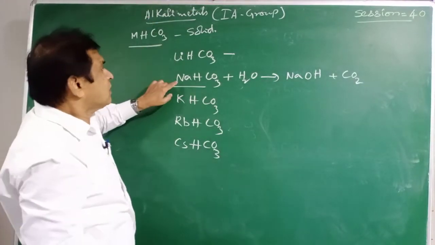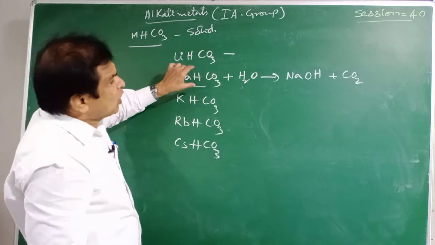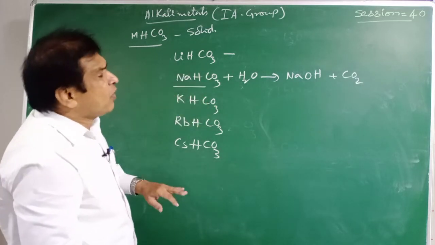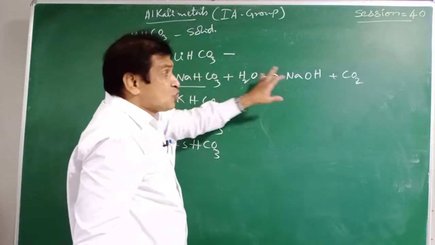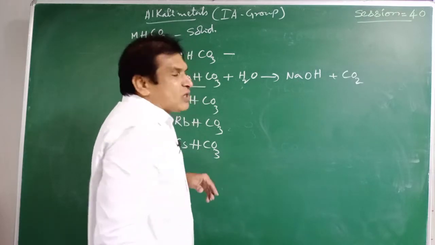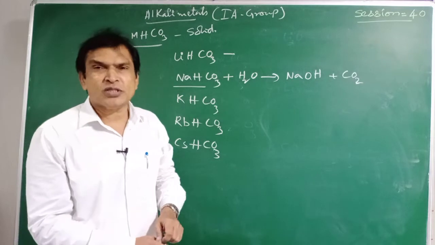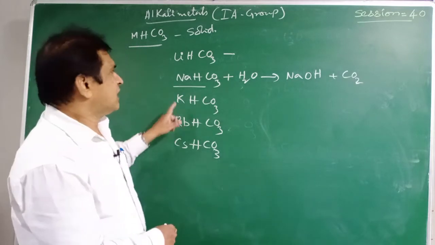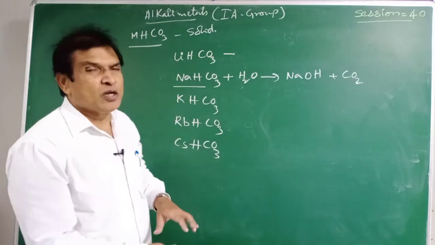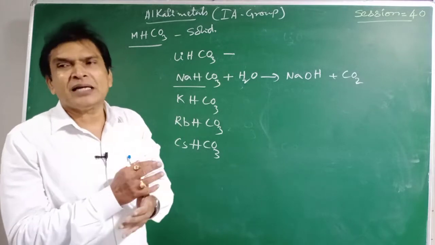So sodium bicarbonate when dissolved in water forms the corresponding hydroxide, sodium hydroxide, and liberates carbon dioxide gas. Due to the formation of sodium hydroxide we can say that sodium bicarbonate is basic, alkaline in nature.